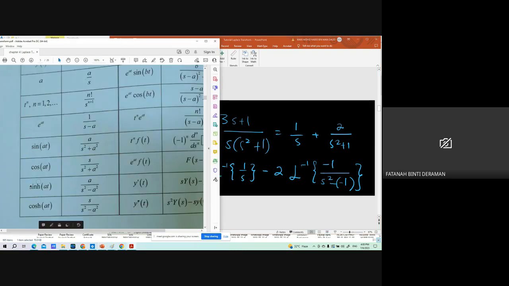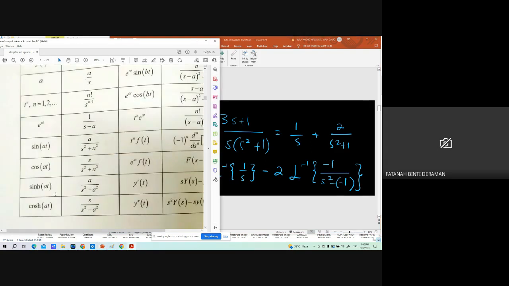So reverse of operation here. So we will have sine t.